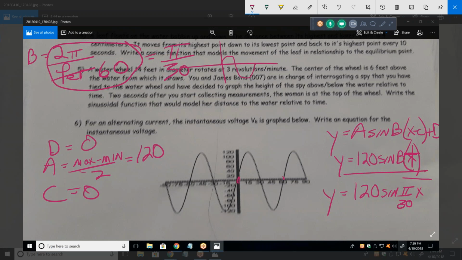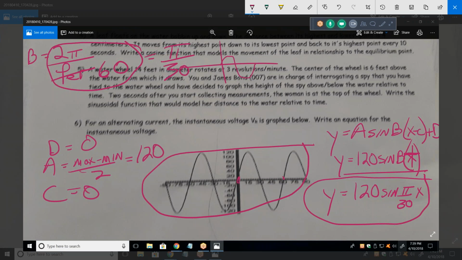So there's the answer. And by looking at that graph, I could tell D had to be 0 because my line of symmetry goes through the x-axis. That's a D of 0. If my graph would have been up here, then I would have had to figure out where the line of symmetry was relative to the origin, and that's what D would be.